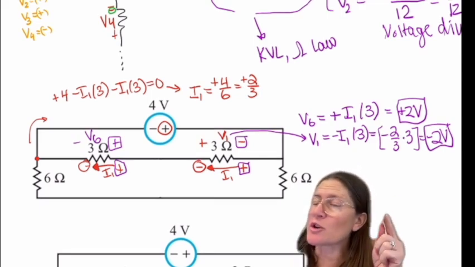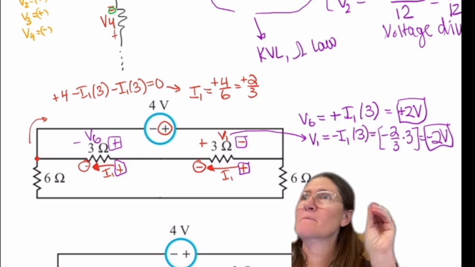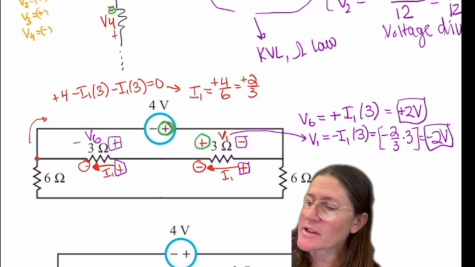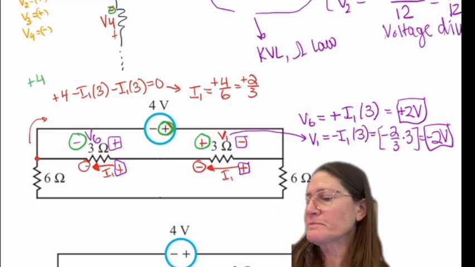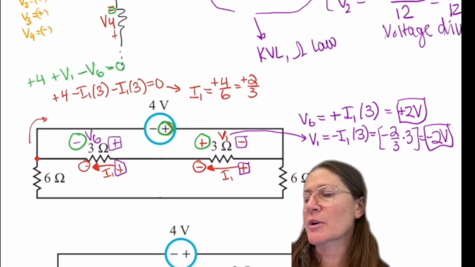So when you take a loop, you can do it either with the currents in there or with the voltages in there. So say I did the loop with the voltages instead, this would be a plus 4 plus V1 minus V6 equals 0.